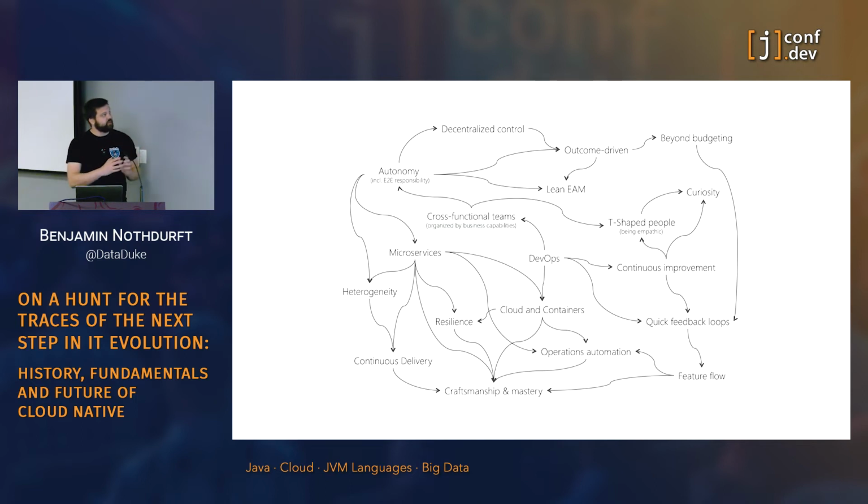And for that reason, we have autonomy within the teams. So we try to decouple business logic between the teams. And furthermore, the control should not be centralized as before, but decentralized. And each team should focus just on the outcome, at best already looking at the market.